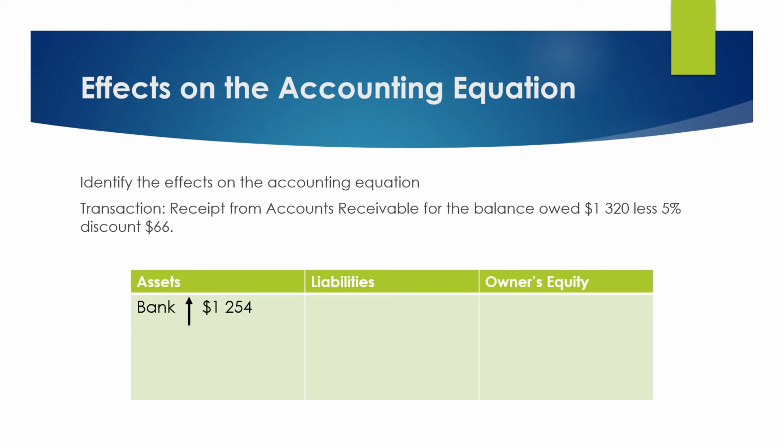The next thing we ask ourselves is, what did we receive the cash for? In this case here, the cash was received because of a payment received from the accounts receivable for the balance owed $1,320. Now, accounts receivable is a current asset. So we go to assets, and here we write accounts receivable.